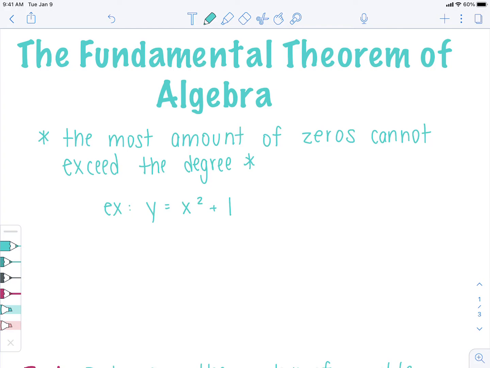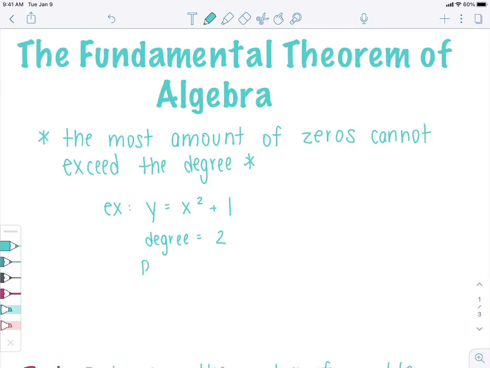My degree there is what? 2. Degree is 2, so I could have up to 2 zeros. I could have no zeros, I could have 1 zero, I could have 2 zeros, which we know because we know parabolas, what they look like, right?